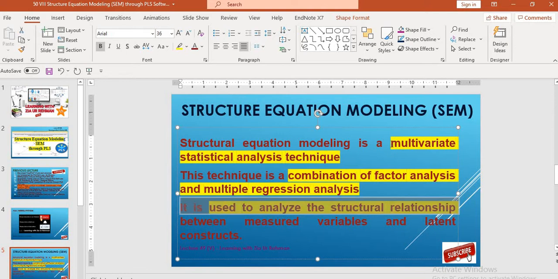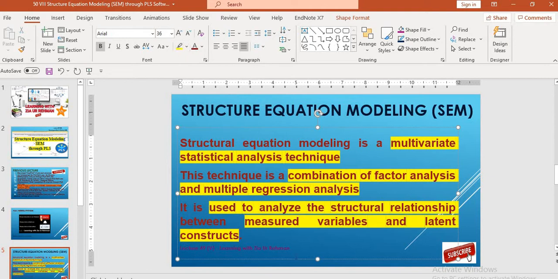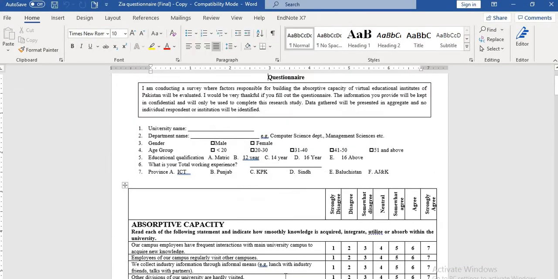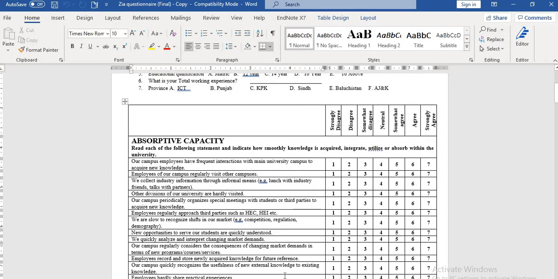It is used to analyze the structural relationship between the measured variables and the latent variables. Scholars, you first need to know the difference between measured variables and latent variables. If I show you a questionnaire, this is a questionnaire. The first variable is absorptive capacity.